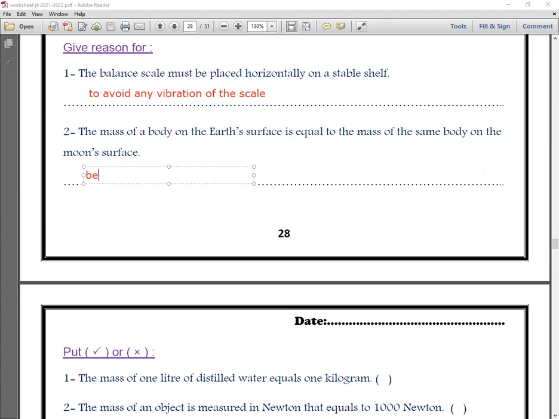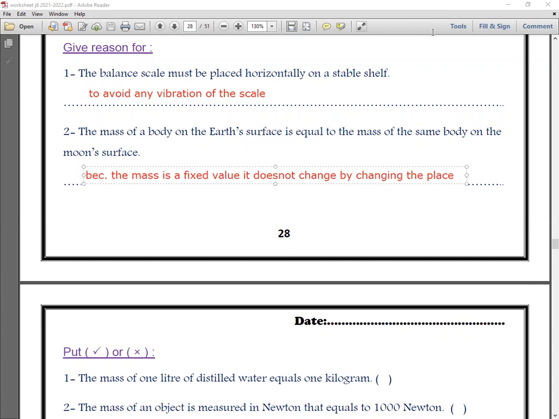Because the mass is a fixed value, it doesn't change by changing the place.